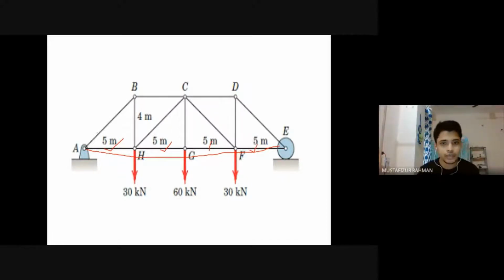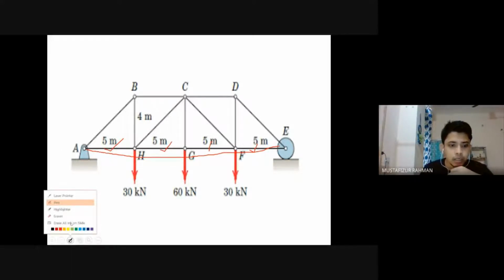They are trying to expand, and therefore there will be tension force in these bottom members.